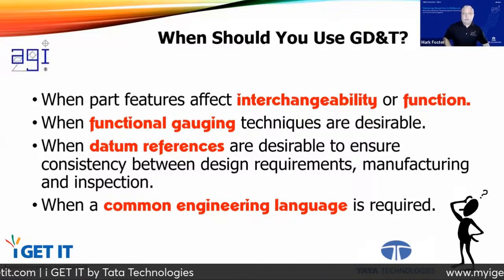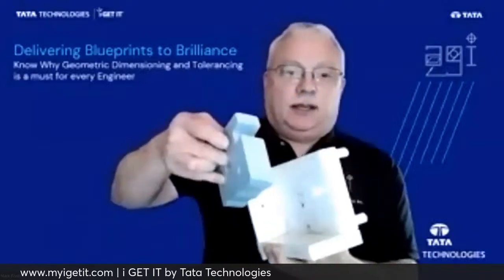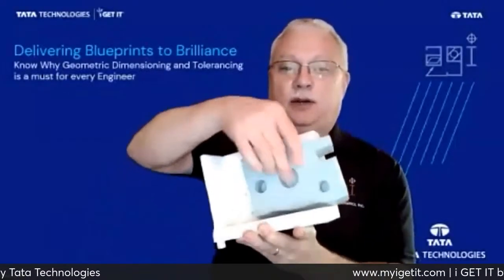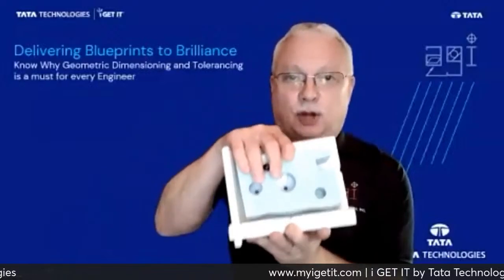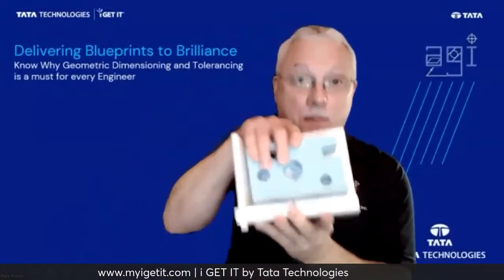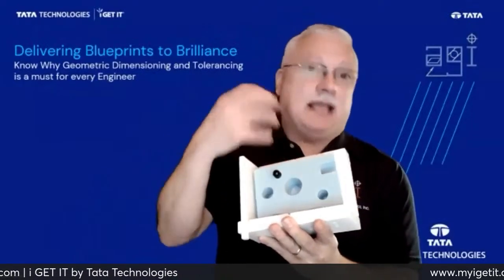Well, quite simply put, it's the same thing I was showing you back here with my models. When I put these parts together and I say, okay, here's a datum reference, here's a datum reference, here's a datum reference, here's primary, secondary, tertiary, I'm instructing you as to exactly how to hold this part to measure where the features are in that datum structure, in that coordinate system, or what we call a datum reference frame in GD&T.